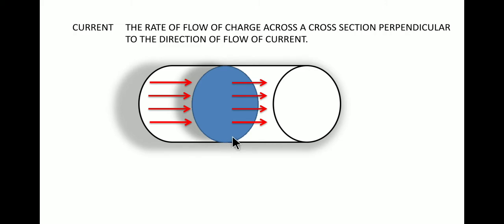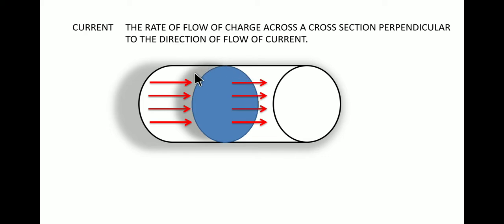So let's say that there is a wire. This is a wire, and the charge flows through the wire, and at this particular cross section of the wire a certain amount of charge passes through in a particular time.